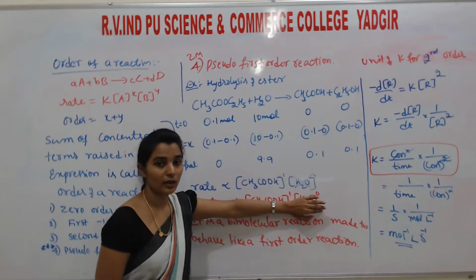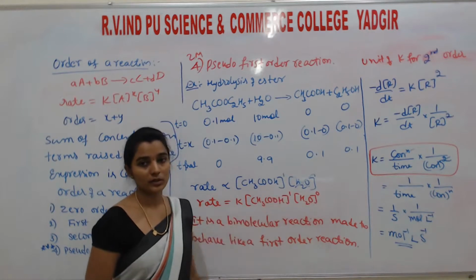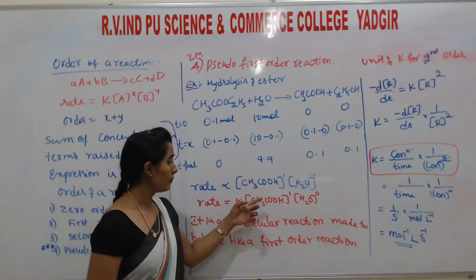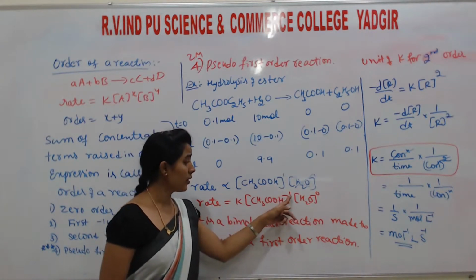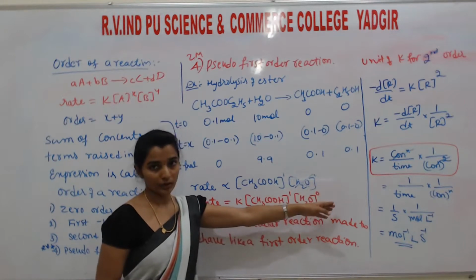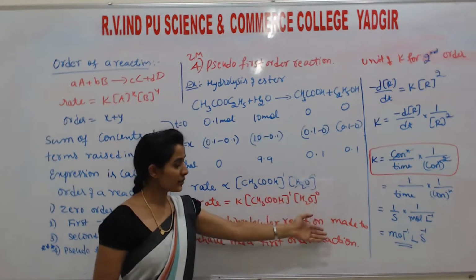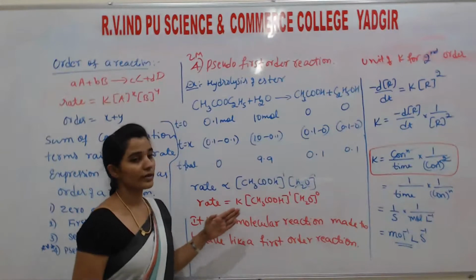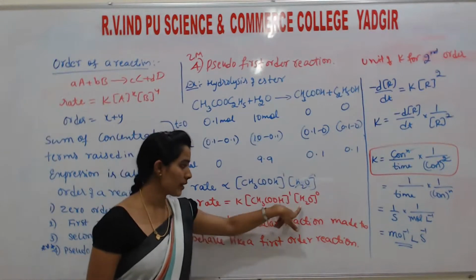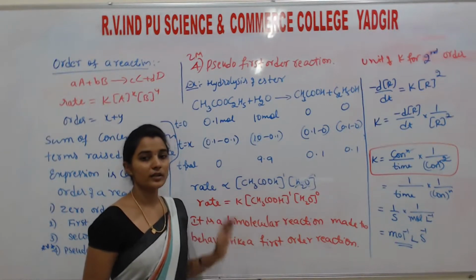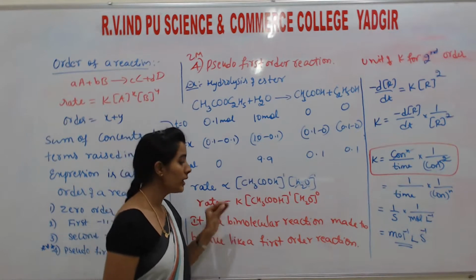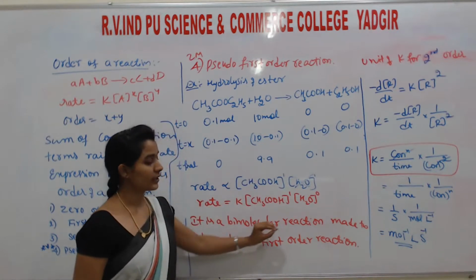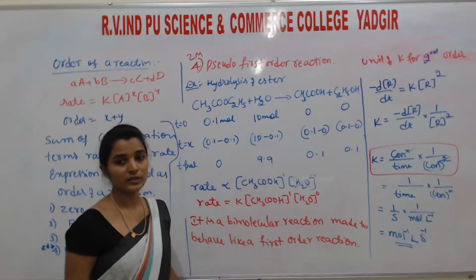H2O is present, but the rate is not dependent on the concentration of H2O. If we add the powers, 1 plus 0, we get 1. Understand? That's why it is a pseudo first order reaction. Why? Because it is a bimolecular reaction, but its order is 1. It forcefully behaves like a first order reaction. It is made to behave like a first order reaction.